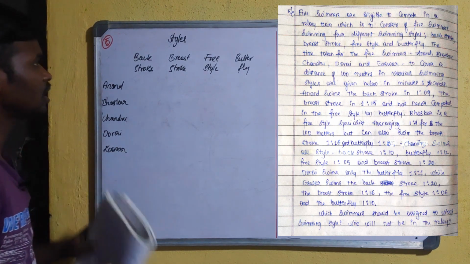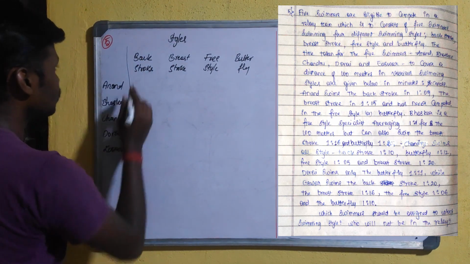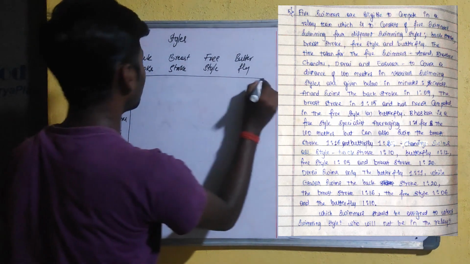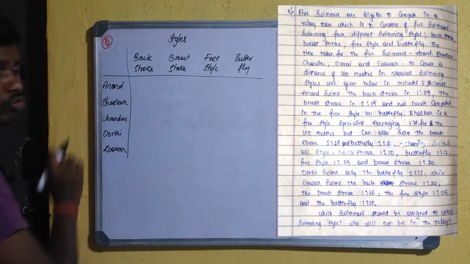If you get any confusion, please make a line. So 4 styles are given and 5 swimmers are given.